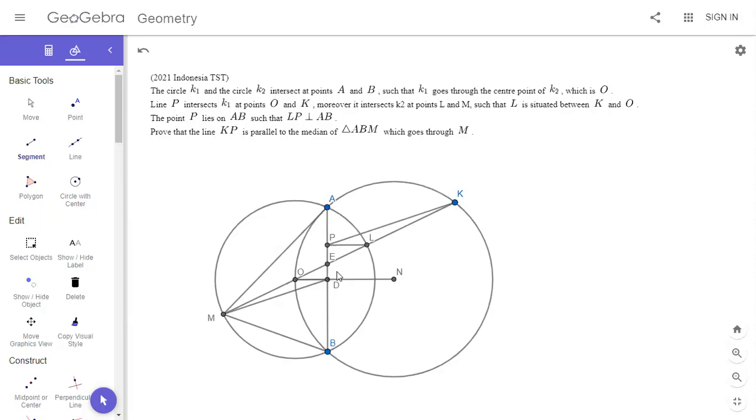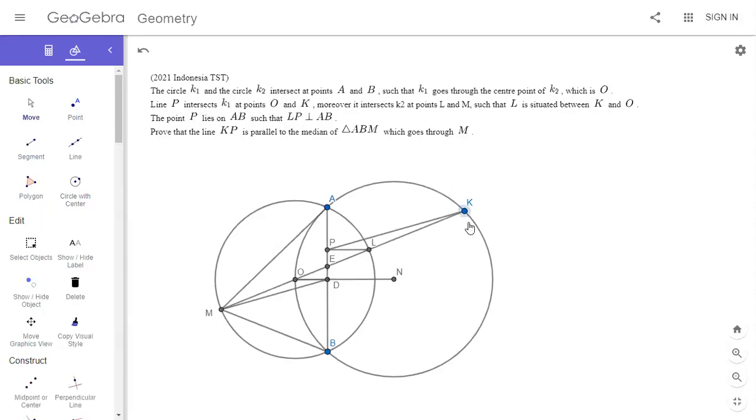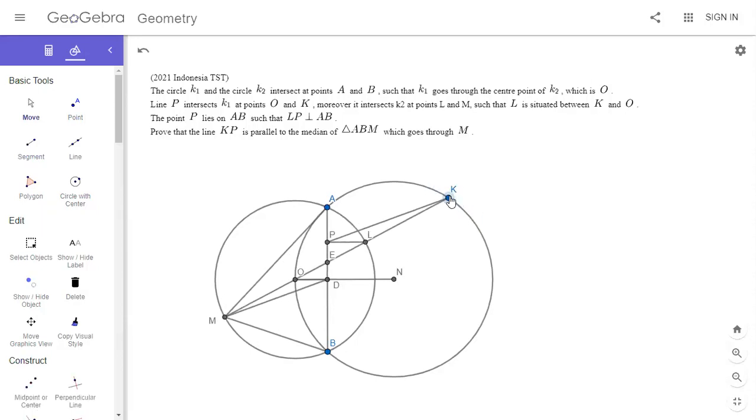Let's see. Thinking here. Yeah, this is interesting. So we can basically move K wherever we want. Is it obvious in like a special case? I'm not sure.